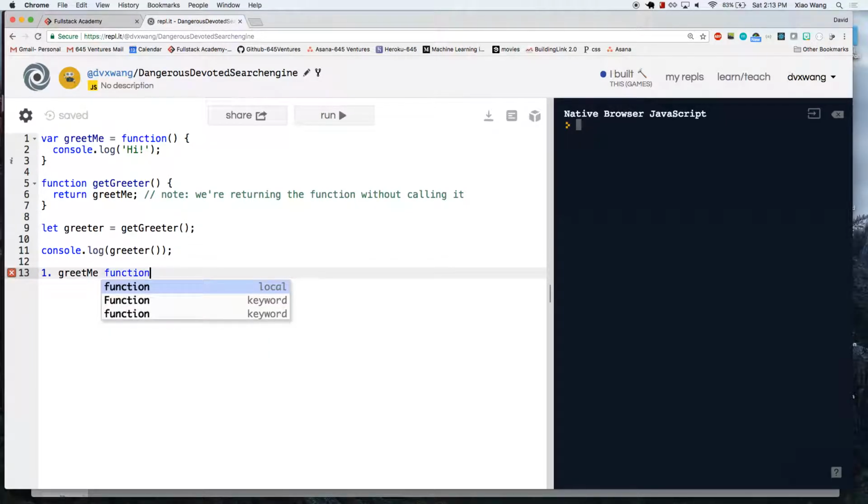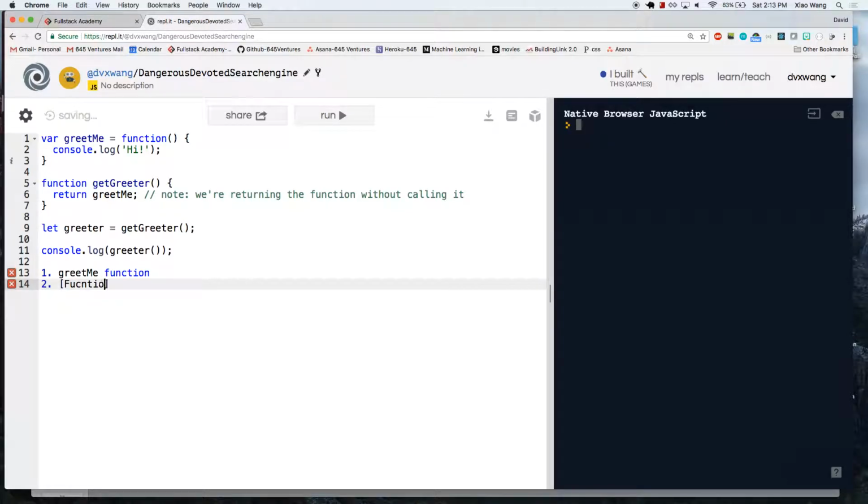Sorry, who is next? Andrew, you had a guess. I was guessing it was the same one as in the other one, where it's open brackets, function. Okay. I think you and Dan are saying the same thing, which is this greetme function. It's just how it shows up in JavaScript. But I think you're both saying the return value is going to be this function greetme, right?